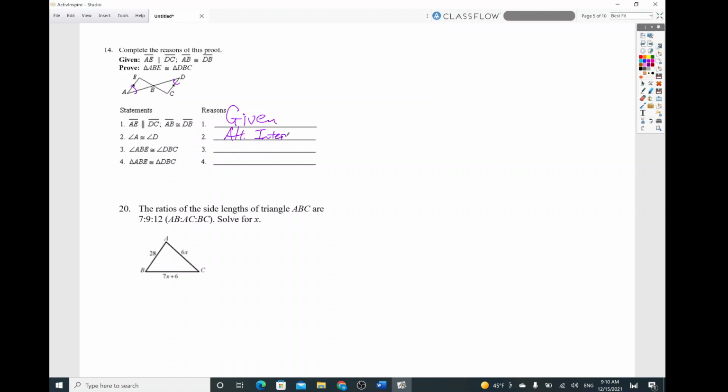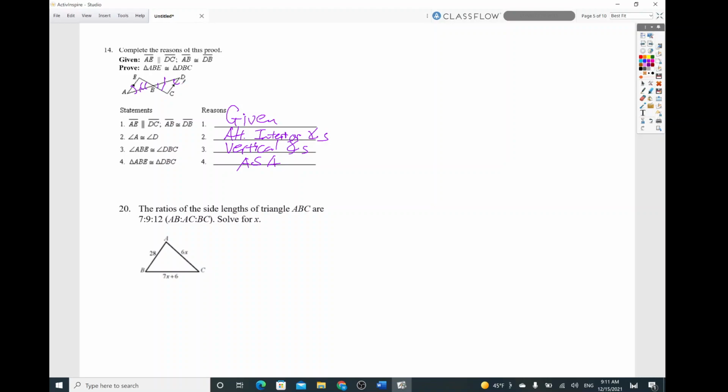The measure of angle ABE is congruent to the measure of angle DBC, vertical angles. Then triangle ABE is congruent to triangle DBC, by angle side angle.